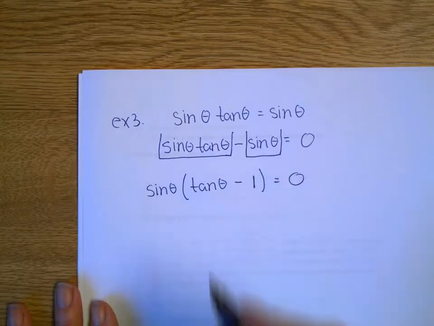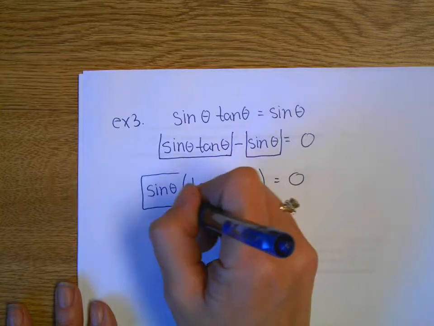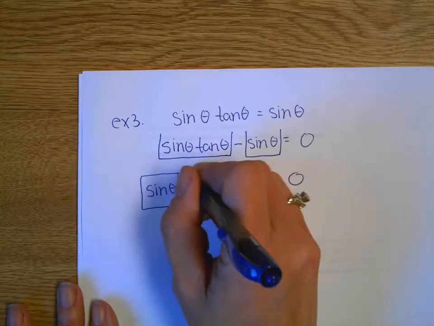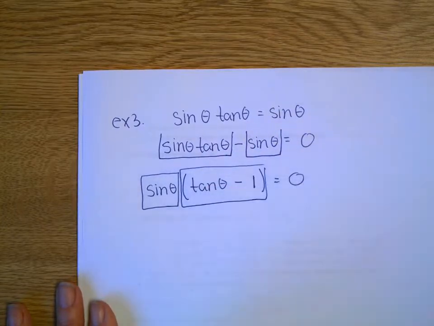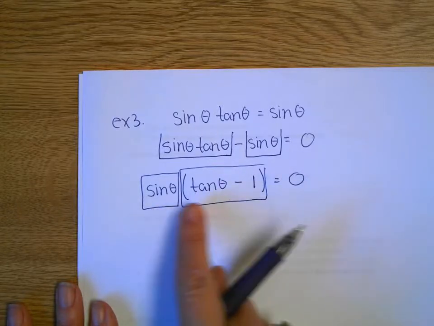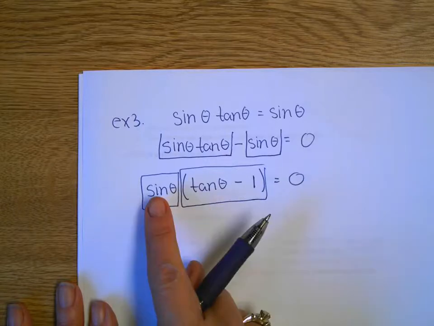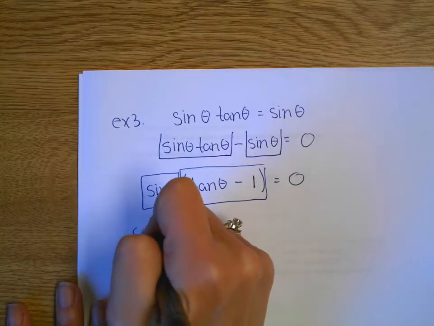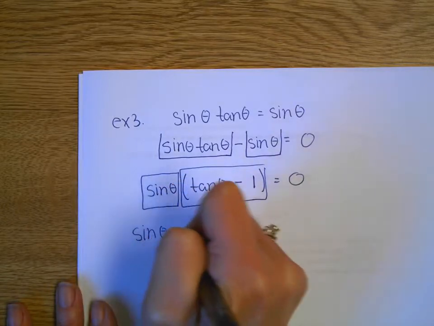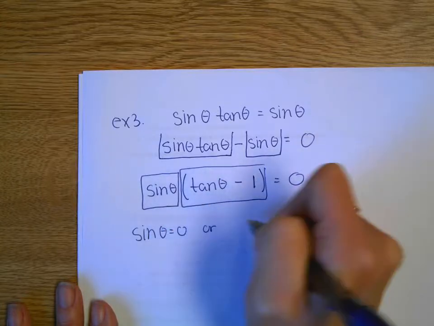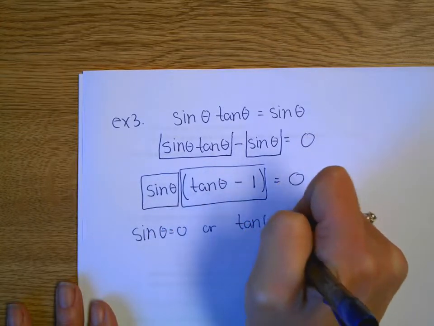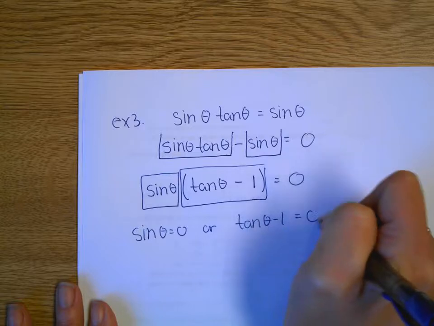So what we've got is thing 1 multiplied by thing 2 equals 0. Do you agree that one of those things has to equal 0? So either sine of theta equals 0, or tangent theta minus 1 equals 0.